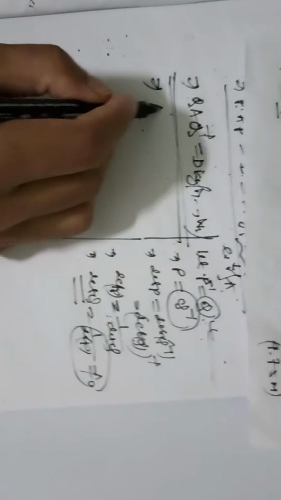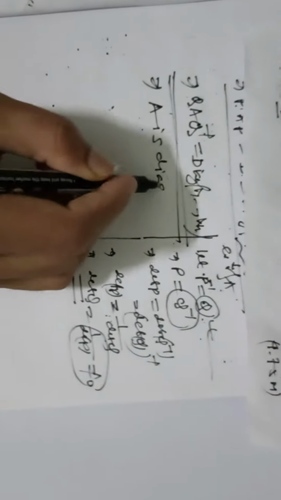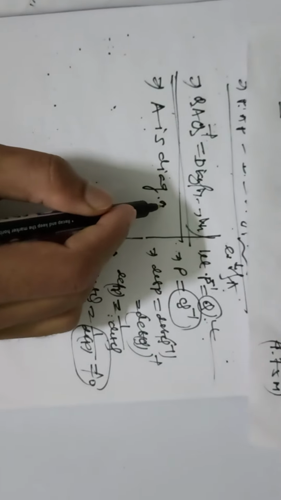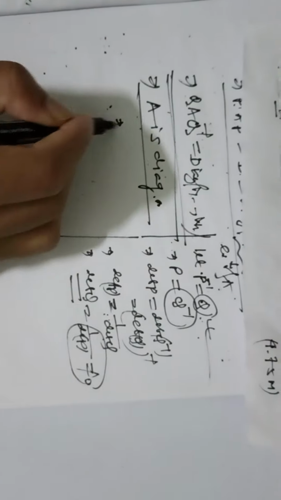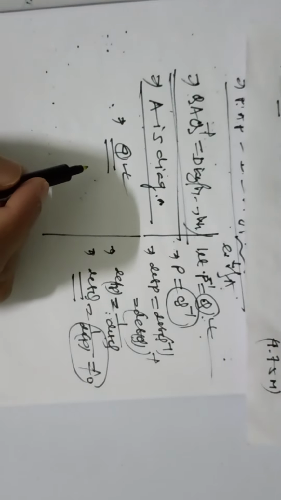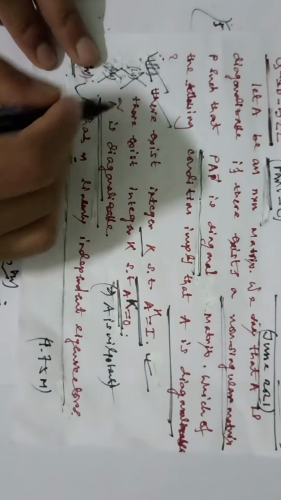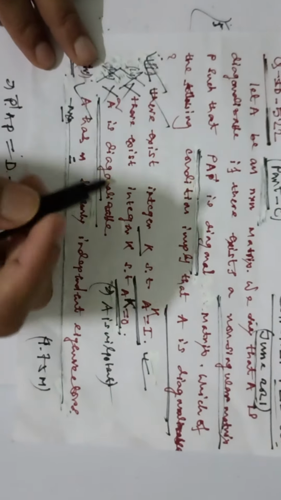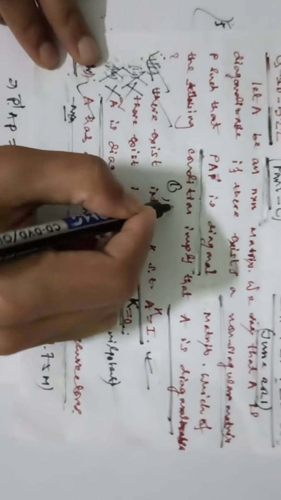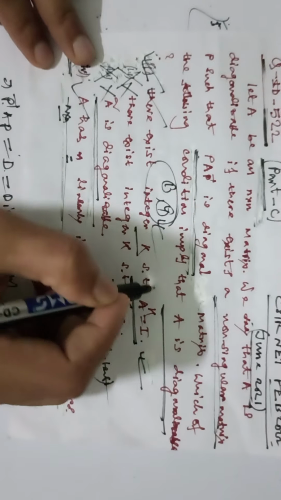So it implies A is diagonalizable. So the fourth option is true. I can say that if an n cross n matrix has n linearly independent eigenvectors, then it is obviously diagonalizable. So this is the fourth option. So in this question the correct options are option 1 and option 4, and the remaining options 2 and 3 are incorrect.